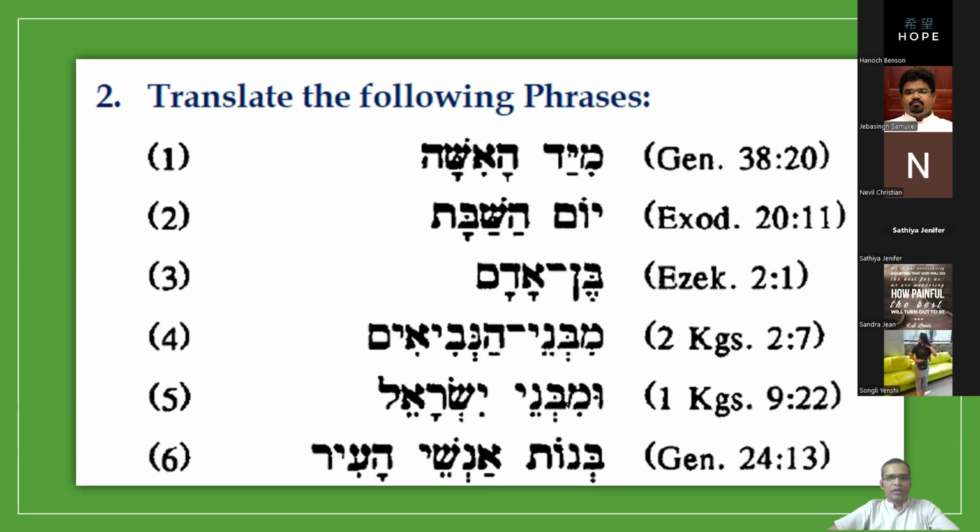No. Okay, so the first noun is in the construct state, the second one is in the absolute state. How do we know the first one is in the construct state? Because the long vowel qamets has been reduced here to patah. So, from the hand of the woman.